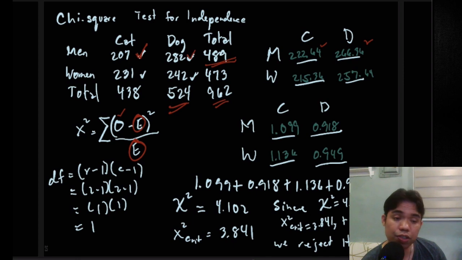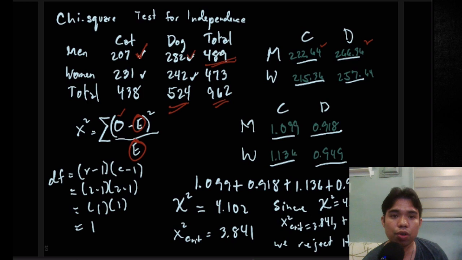It says that we reject the null hypothesis. That means it matters: if you're a man, you prefer more dogs than cats. If you are a woman, then that means you prefer cats. So yeah, you just have to balance your conclusion with the data.